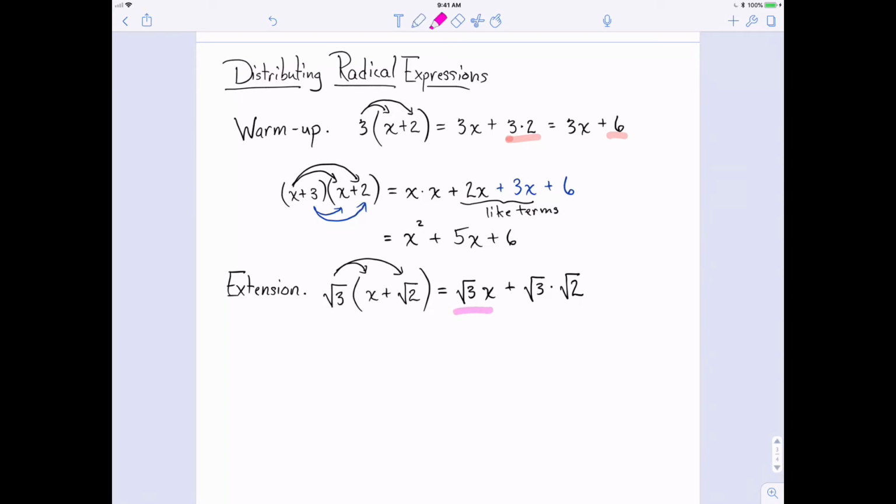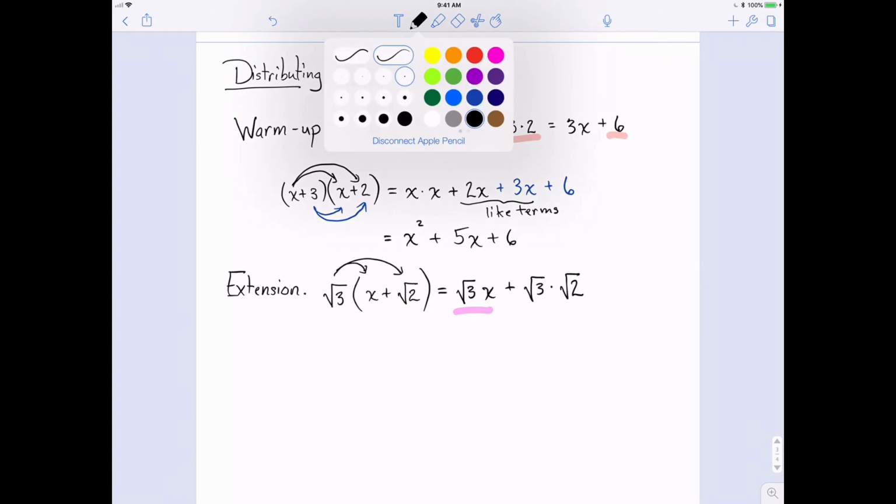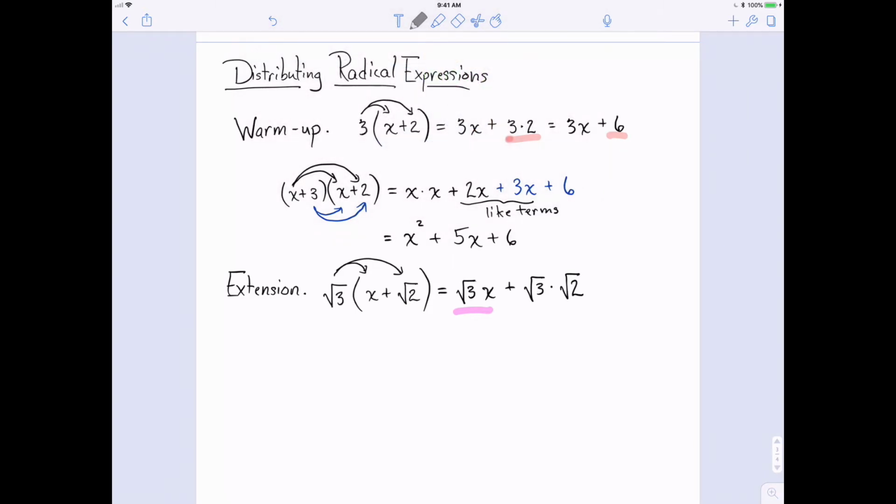Now, here's the first thing we notice. Let's look at this first term, the square root of 3 times x. Notice that if my handwriting got a little quick or out of control, I'm going to do this in another color, we'll use the gray, the radical might have gotten extended, say it got over to part of the x. Well, then the reader, or even yourself upon reviewing later, might wonder, was the x in the radical or not?